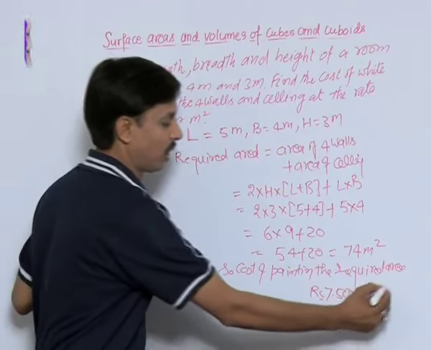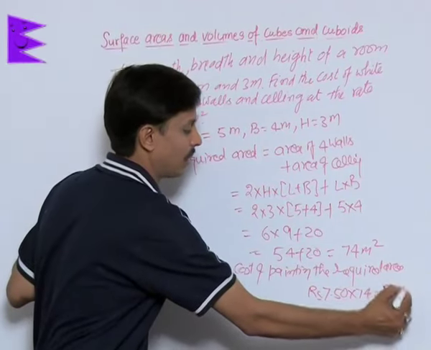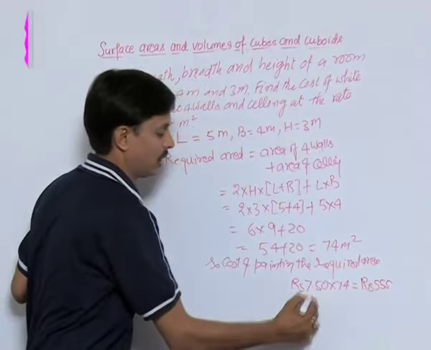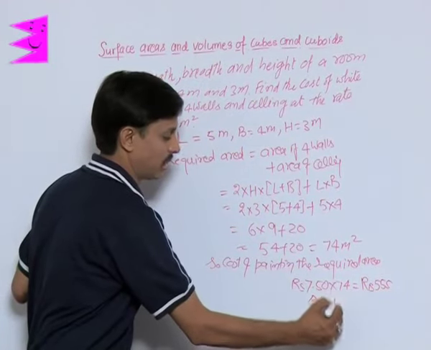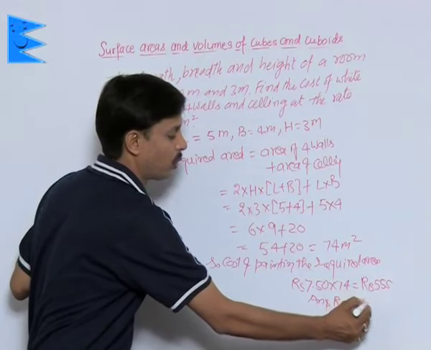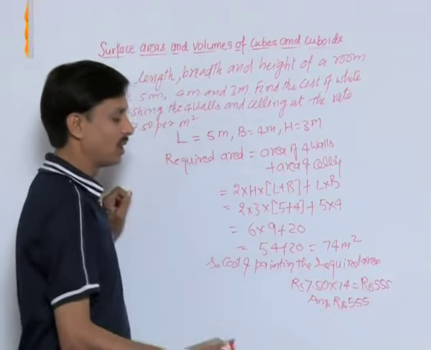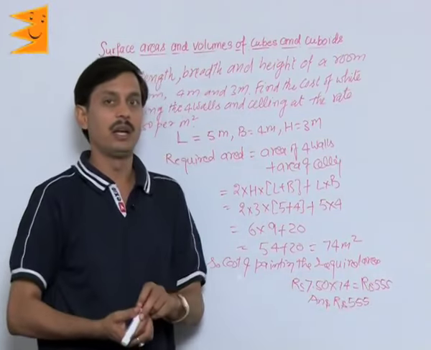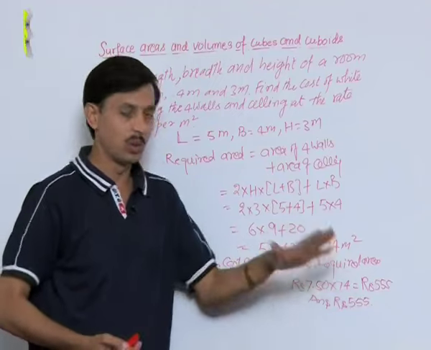This product comes to rupees 555. So the answer is, the cost of painting the 4 walls with the ceiling at the rate of rupees 7.50 is rupees 555.